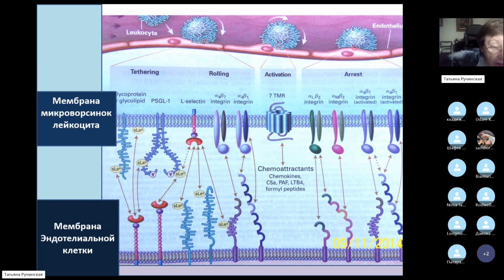Next is the membrane of this monocyte, as it is in the vessel. On the membrane of the monocyte appear different types of adhesion molecules.